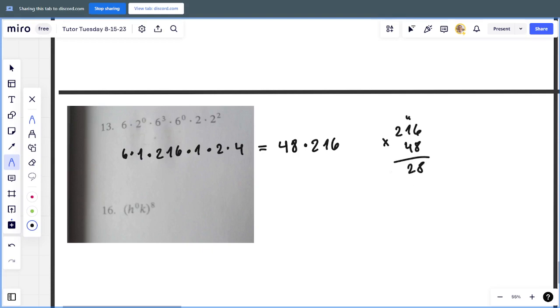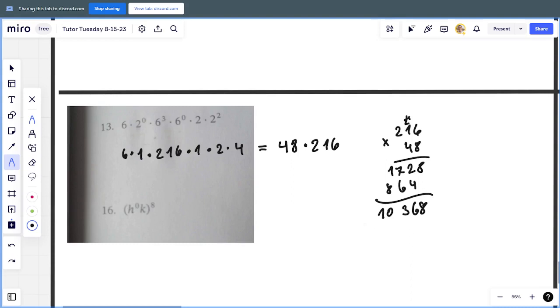Then we just have to do it out, and I'm going to get 10,368. Alright, someone in the chat, Oliver, you were on a roll. You got the same answer, so I trust you.